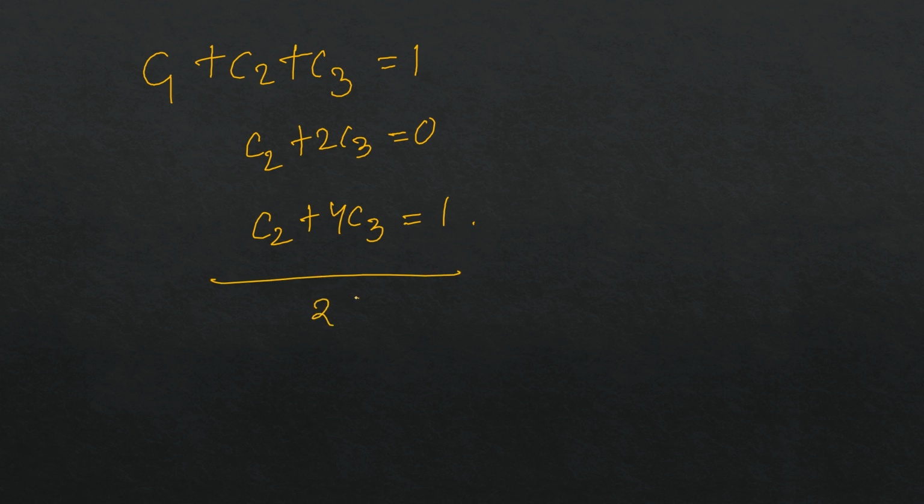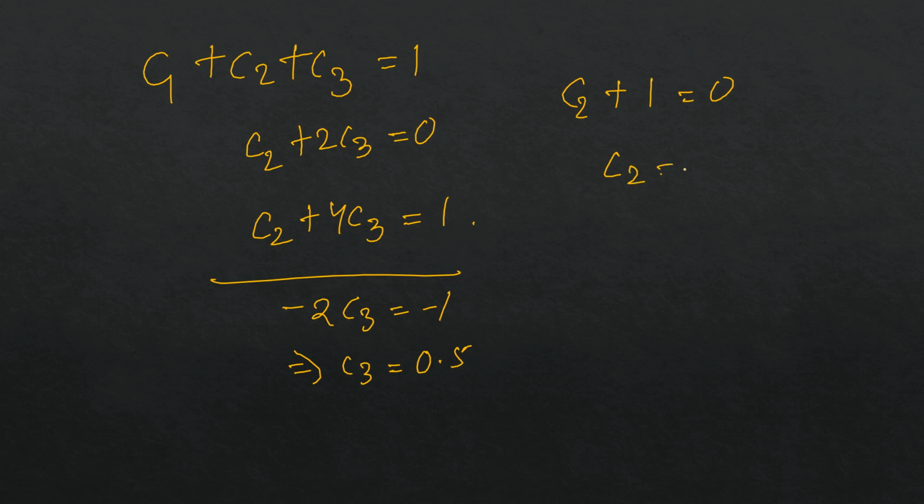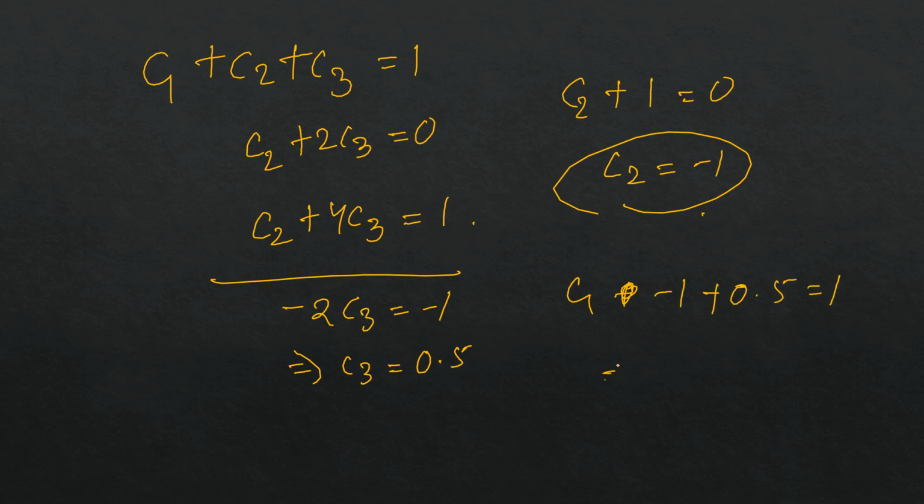If I subtract, 2c3 is equal to 1. c3 is equal to 0.5. Now I put it here: c2 plus 1 is equal to 0, c2 is equal to minus 1. Put it here: c1 minus 1 plus 0.5 is equal to 1, so c1 is 1.5.